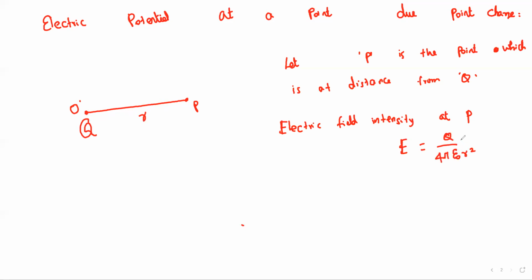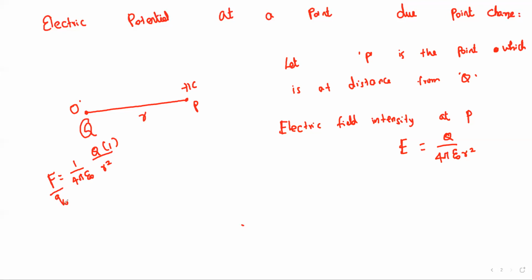We know that. So the basic thing we have to do is bring 1 Coulomb charge here, and calculate the force between this capital Q and 1 Coulomb. The formula is 1 by 4 pi epsilon 0 Q1 Q2, where Q1 is Q, Q2 is 1, by the distance R square.